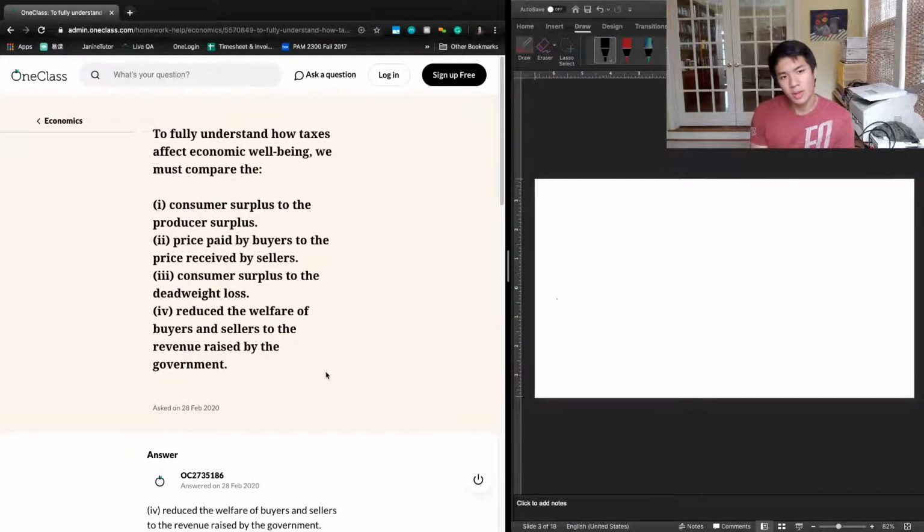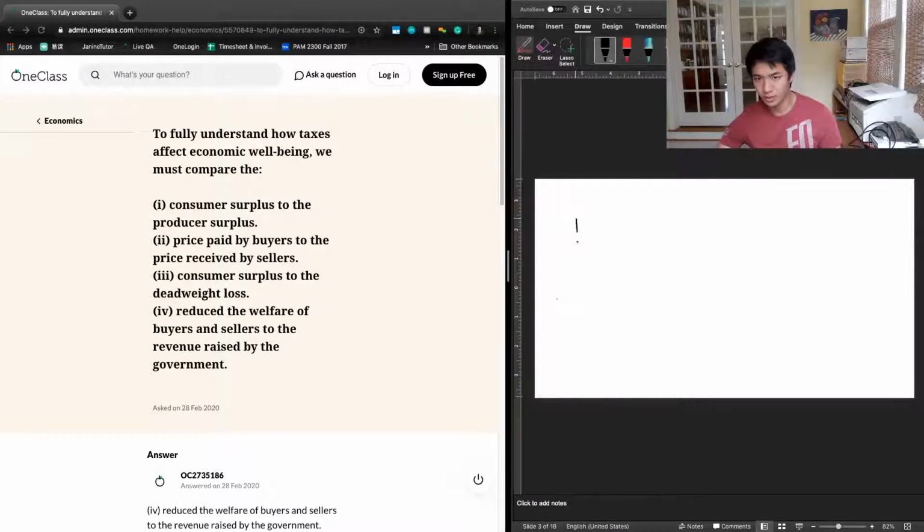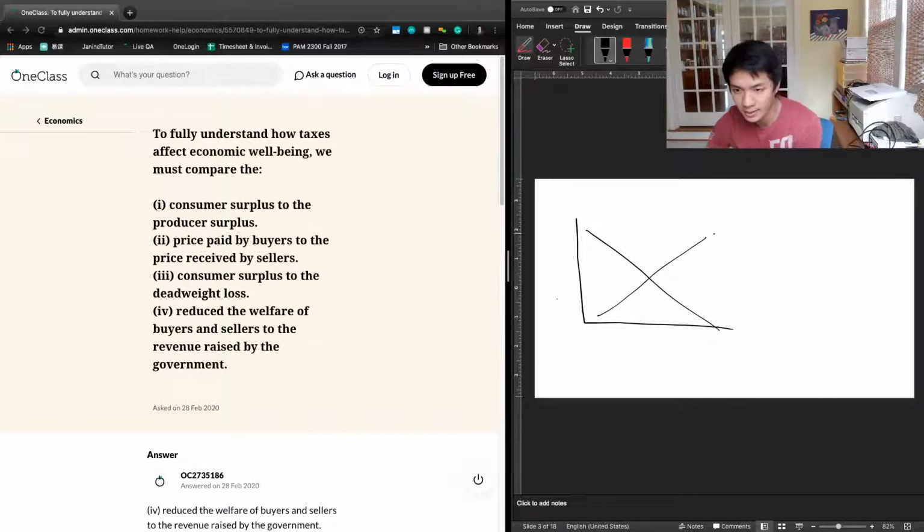And so when we look at taxes, we can draw a really simple tax impact. On a supply and demand graph, let's say there's a tax imposed on the consumer. What that essentially means is that the price of the consumer goes up.